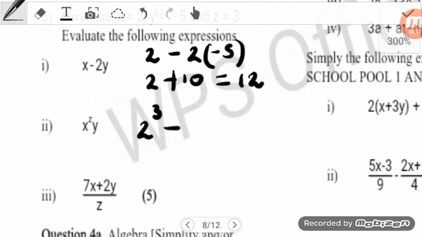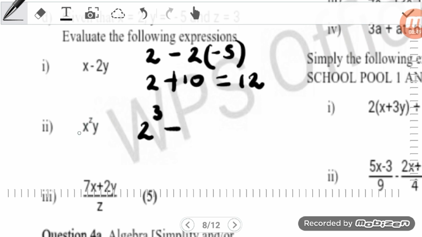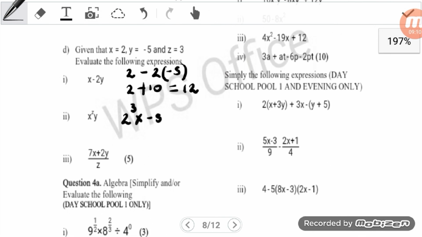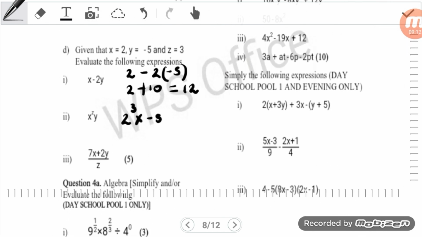Now, if you look at the expression here, it is x to the power of z attached to y. And we all know that if there isn't a sign visible between two variables, it indicates multiplication. So I found that a lot of my students gave up these free 2 marks that they should have gotten correct. Quite a few students did get it correct, but quite a few did also get it incorrect.